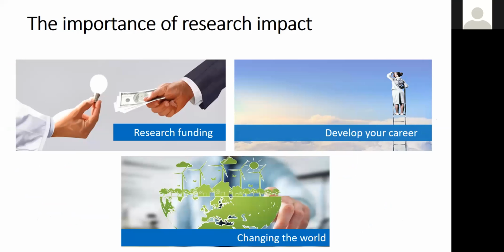In short, research impact is an important topic in the research world. A lot of funders, institutions, and researchers themselves are interested in assessing the quality and impact of research. There are three reasons why impact can be important. First, research funding.